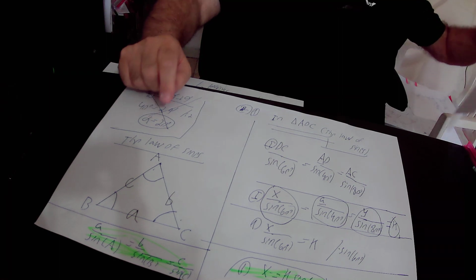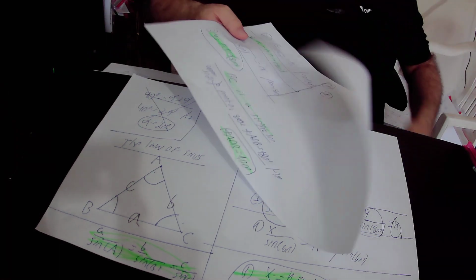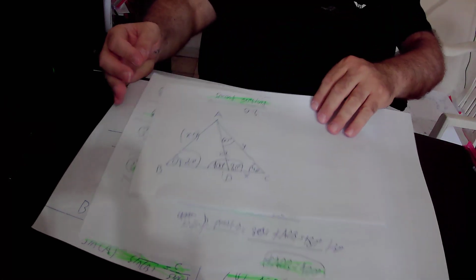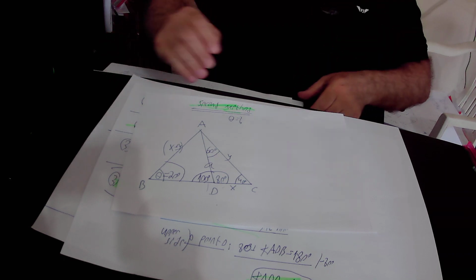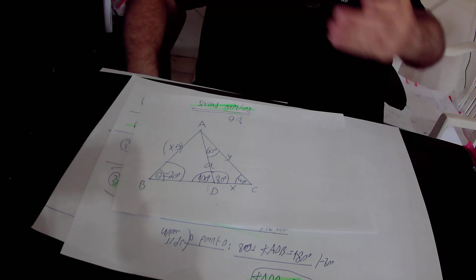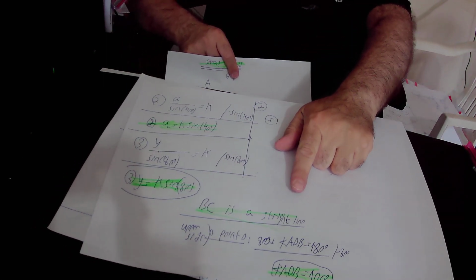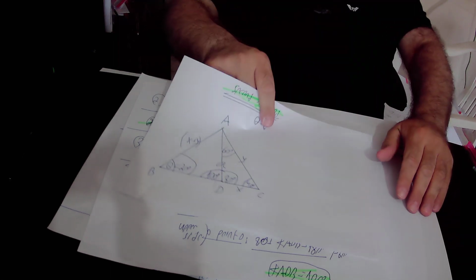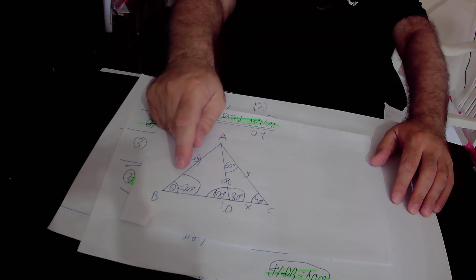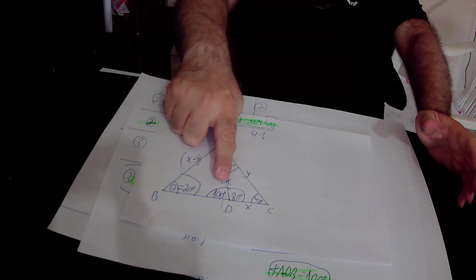Okay, then we have here ABC is a triangle. Side BC is one side of triangle ABC, therefore it is absolutely a straight line. So we can write down that BC is a straight line. So if we focus on the upper side of the straight line BC at point D, you know that the sum of the angles must be equal to 180 degrees.